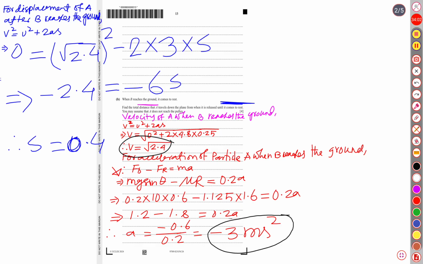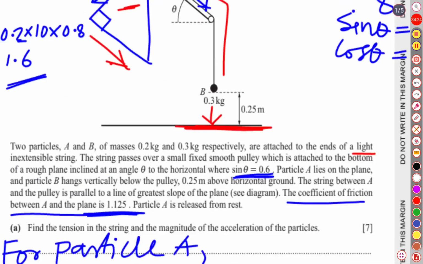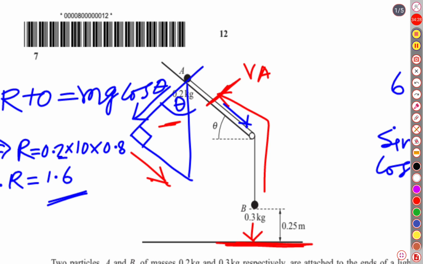But they have told us to find the total distance traveled by A down the plane from when it is released until it comes to rest. So first, when A was released, each of the particles traveled this distance, 0.25.